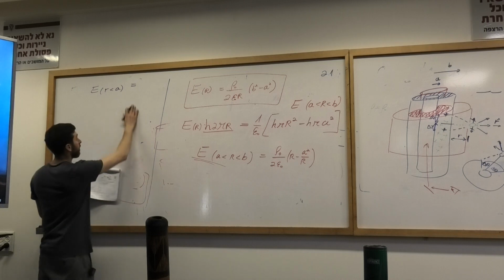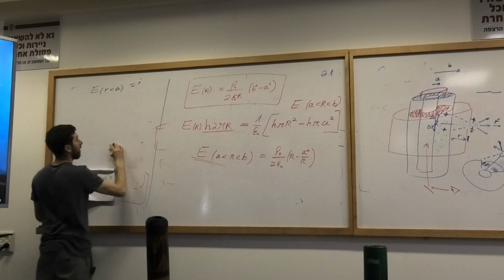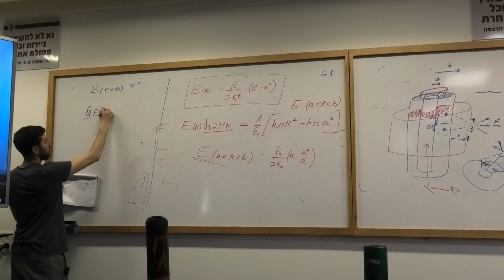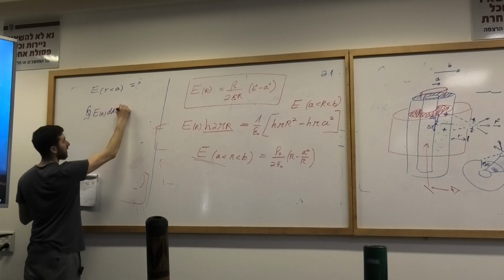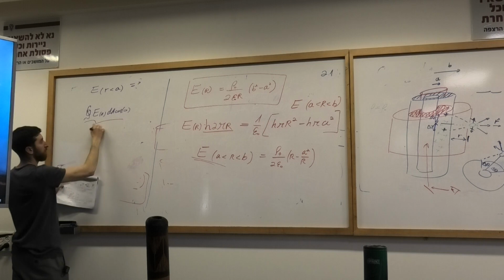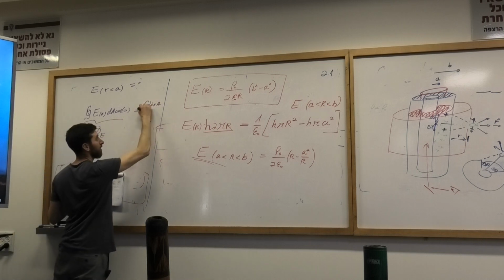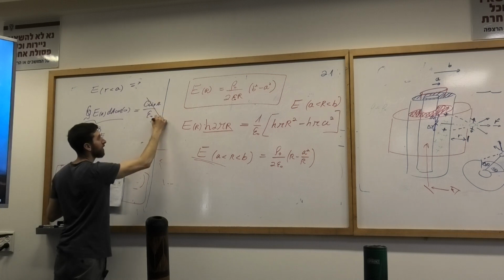The charge inside is 0. So we need to solve this again: the integral of E(r) dA cosine alpha, which is the flux. And we know that Q inside is actually 0.